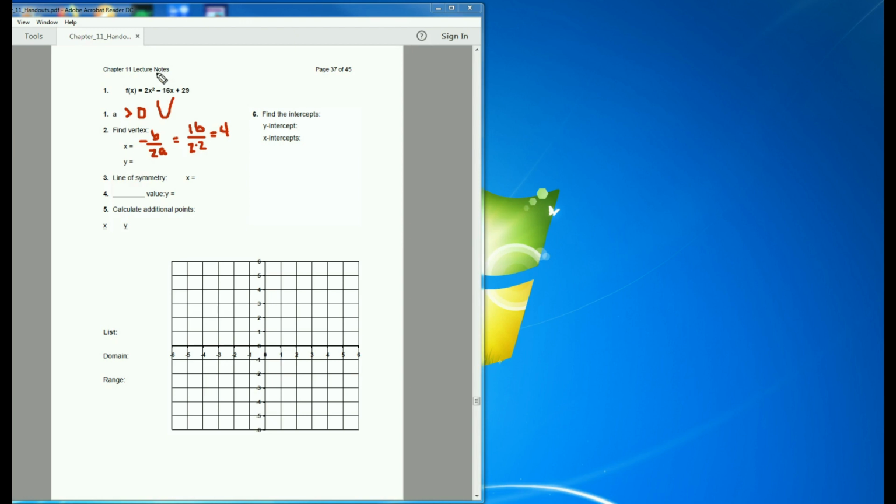For y, just plug it back into the function. We want to find the y coordinate when x equals 4, so f of 4. So 2 times 4 squared minus 16 times 4 plus 29.